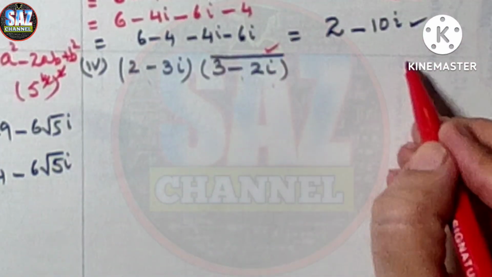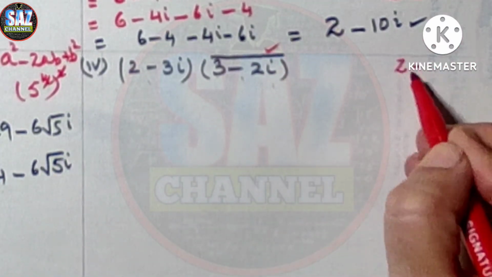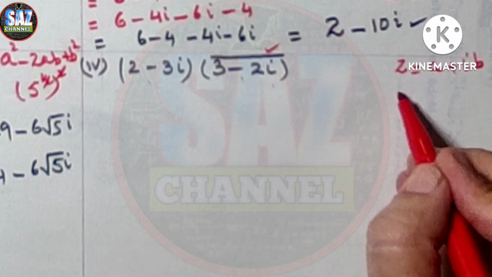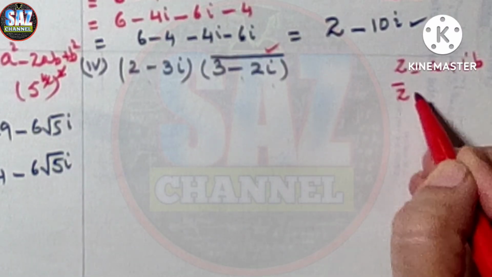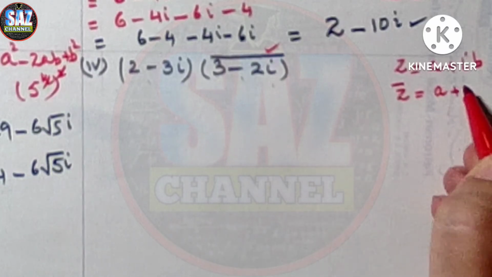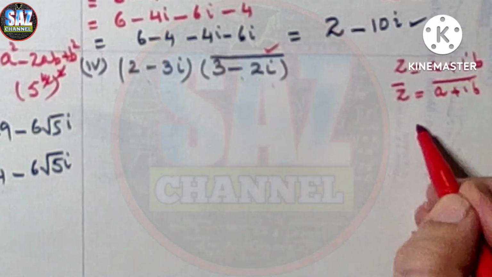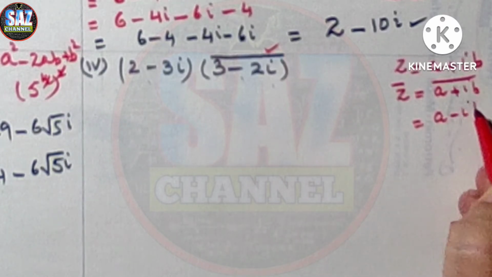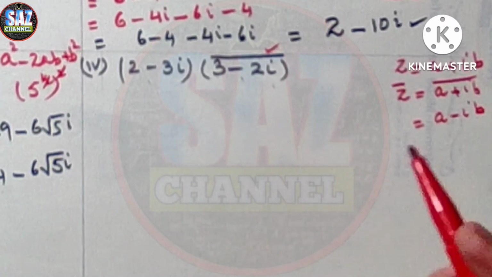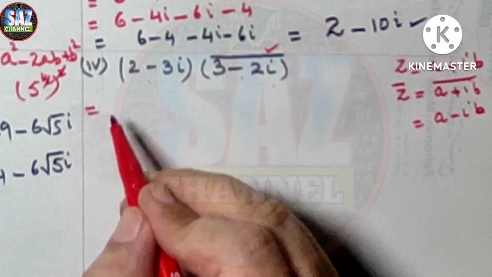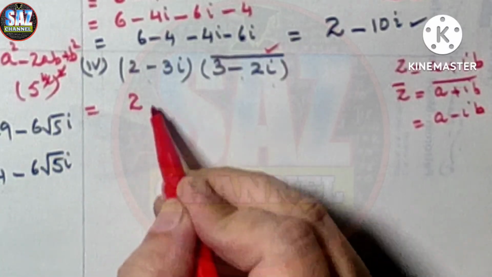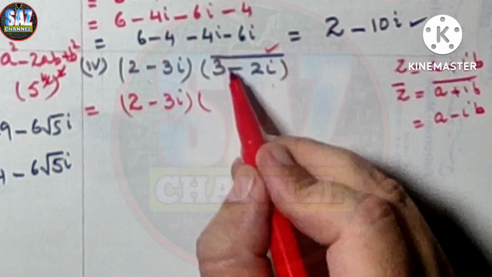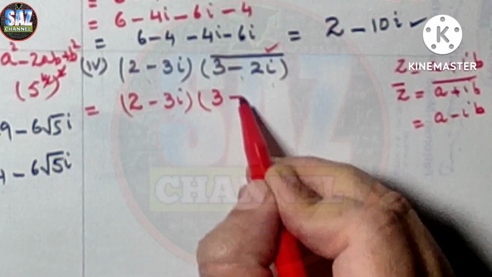If we have the complex number z equals a plus iota b, then conjugate z bar will be equal to a minus iota b, and where the change comes is that the conjugate changes the sign of the complex part. So according to the rule, this will become 2 minus 3 iota into 3 plus 2 iota.